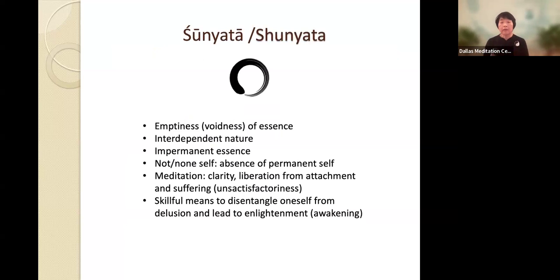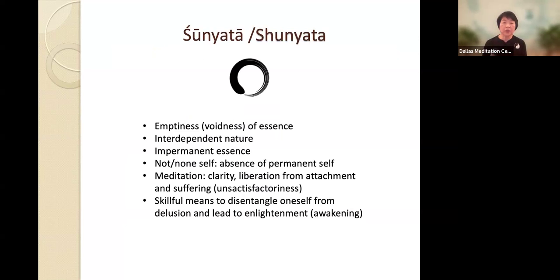And now more about Shunyata. So I've already touched upon all these main points: emptiness, voidness of essence, interdependent nature, impermanent essence.